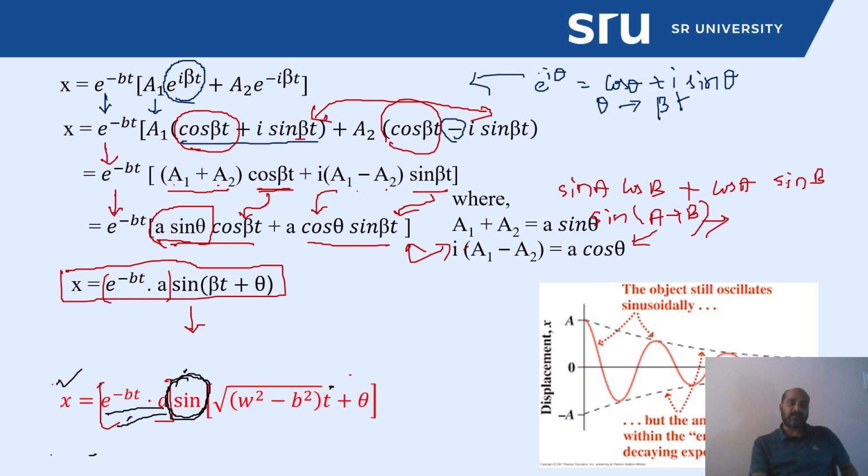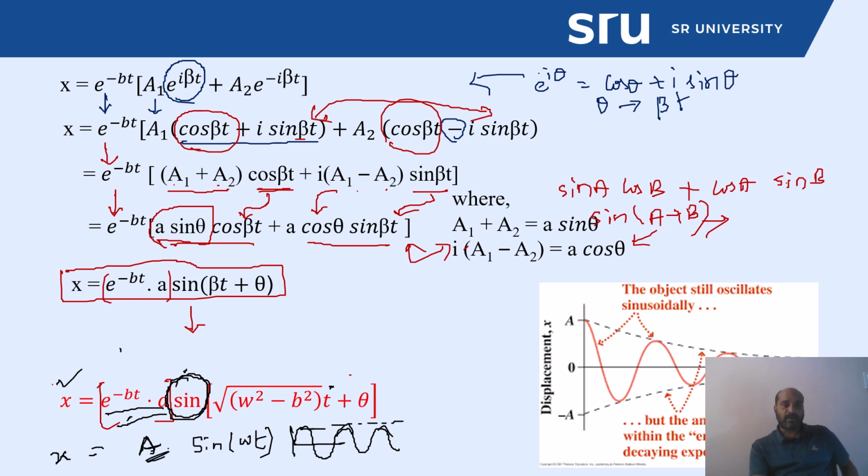So just compare with simple oscillations. x is equal to A sine omega t. For this we were given a graph like this, where the amplitude never changes. The amplitude remains constant. This is for simple oscillation, because this A is constant.